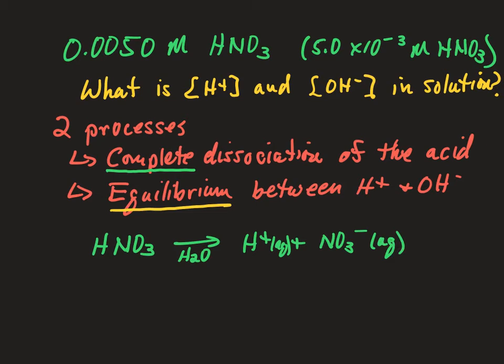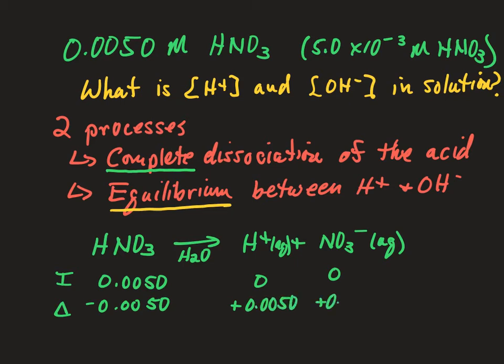If we start with an initial concentration of 0.0050 and none of that and none of that, because it is complete, any complete reaction is a limiting reactant problem. Since we only have one reactant, that's what's going to be limiting. So all of that will react or dissociate, which means we know what this is and we know what this is.